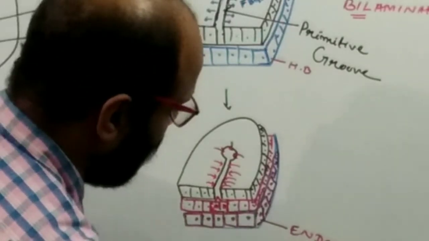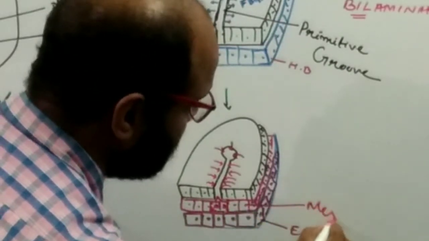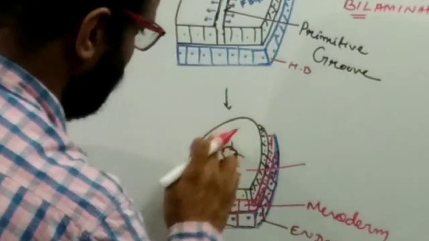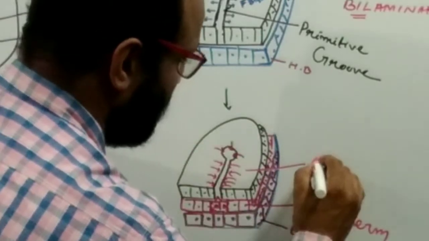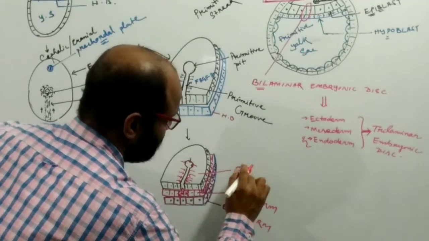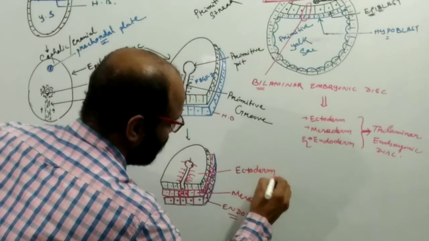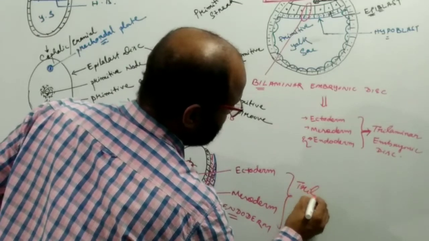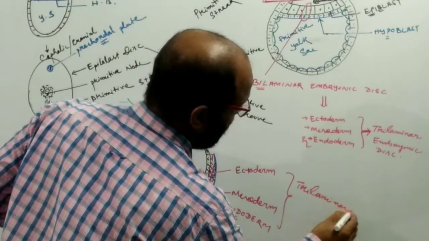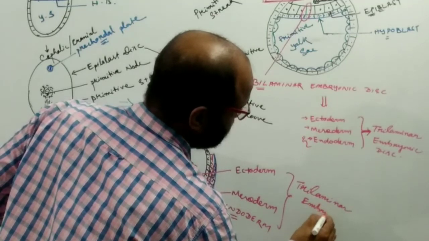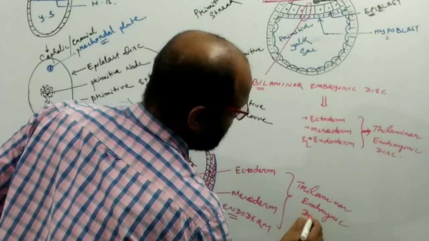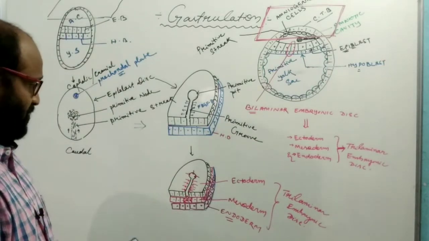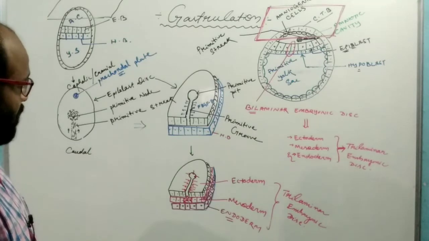This is the endoderm, the middle forms the mesoderm, and the upper disc is known as the ectoderm. And these three plates form the trilaminar embryonic disc.